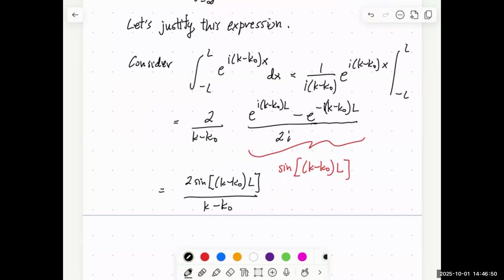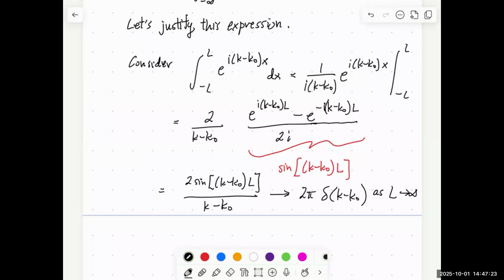And so this is something like the sinc function. If you've seen the sinc function, like sine of x over x, it's not exactly the same because I don't have an L here, but it's sinc-like. This is like a sinc function. And so what I claim is that this goes to 2 pi times a delta function as L goes to infinity. And so I'd like to try to show you that that happens.